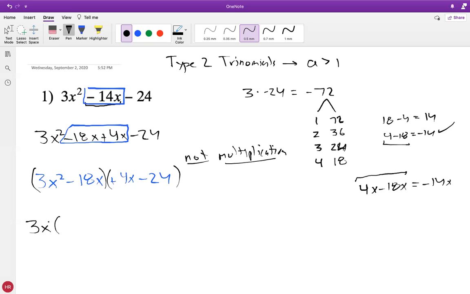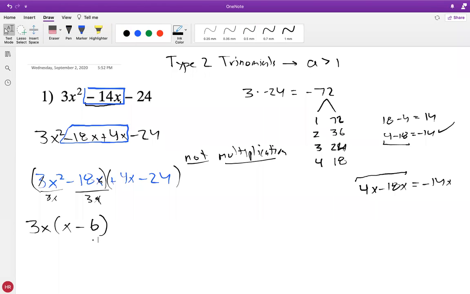When I factor 3x out of 3x squared, it's basically like dividing. So you could imagine dividing by 3x. The 3's will cancel out, and the x's cancel out, and the only thing left on the inside is an x here. And I can imagine dividing this by 3x, and I cross off those x's, and 18 divided by 3 is 6. So I get x minus 6.